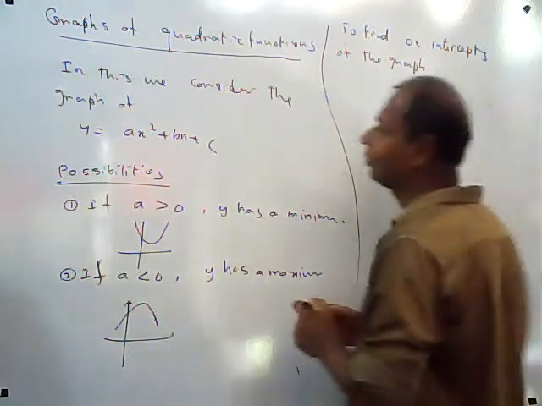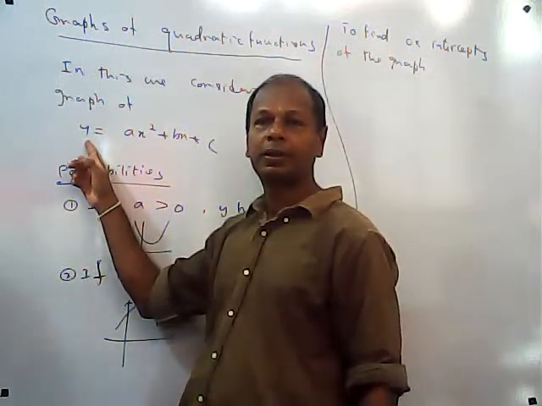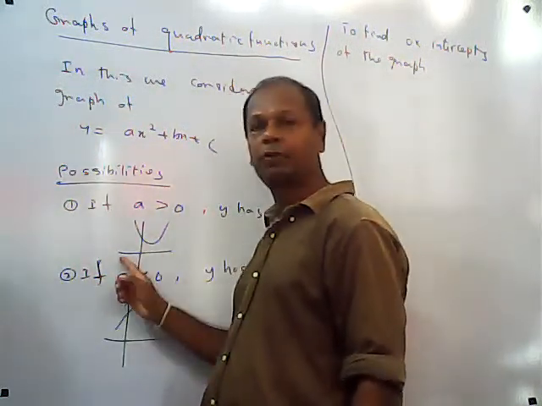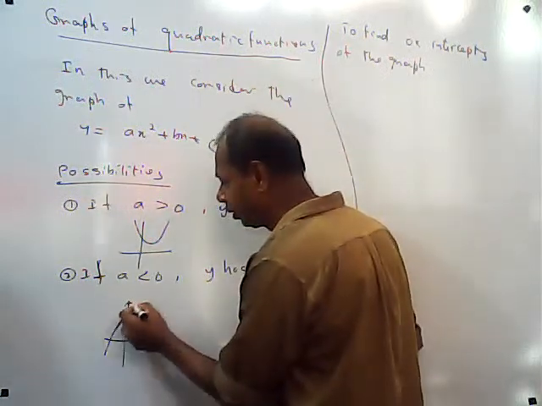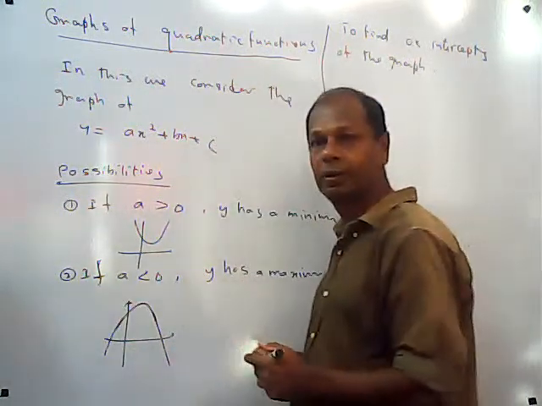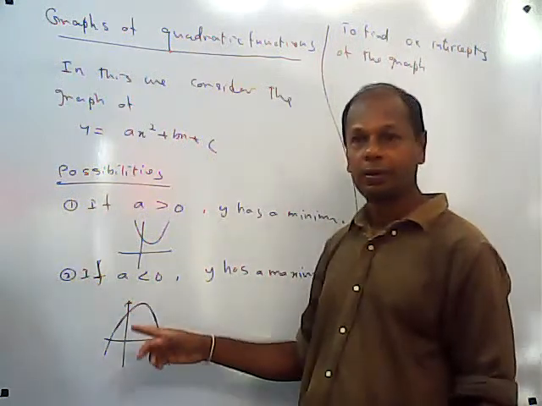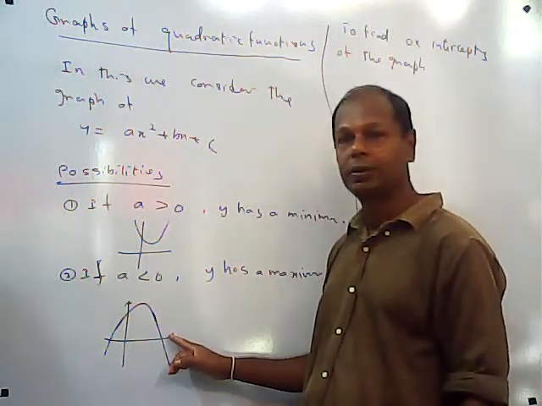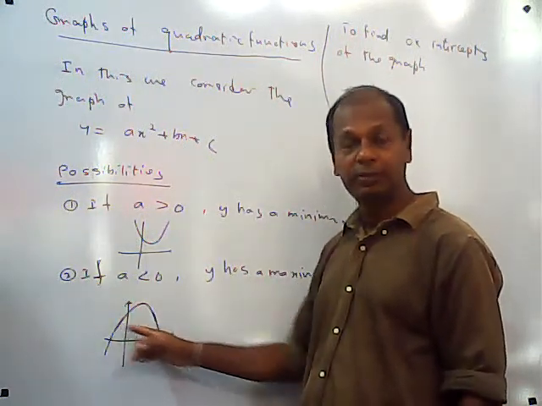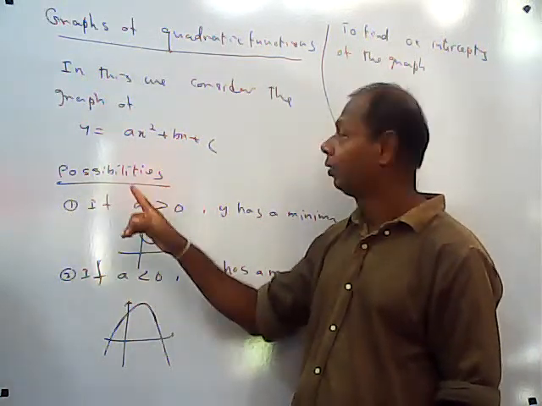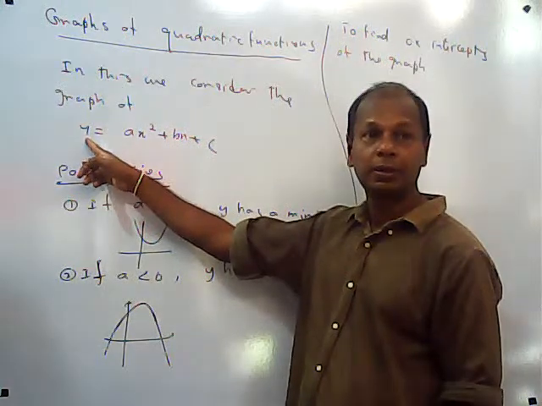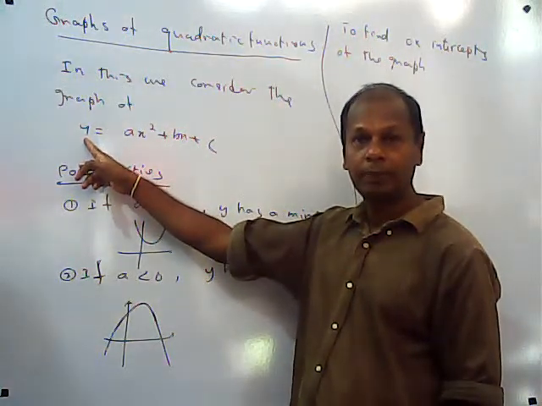To find OX-intercepts, you set y equals 0, to find where the graph meets x-axis. Those are the x values for which, when it meets x-axis, y is 0.